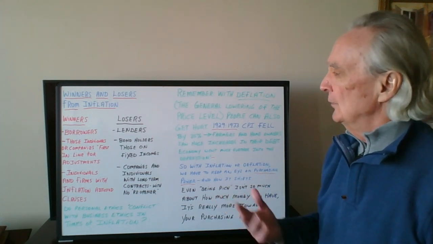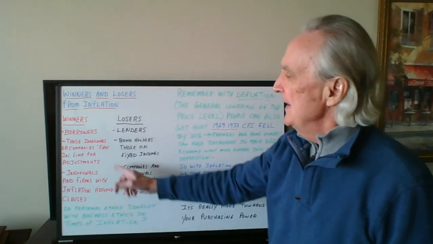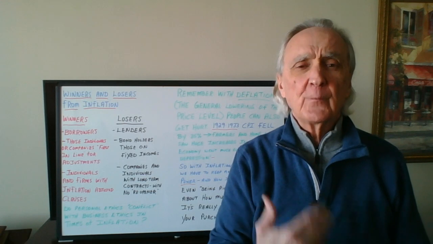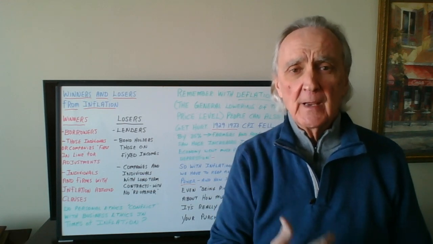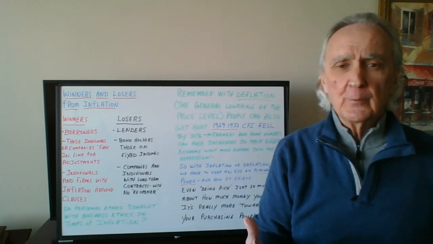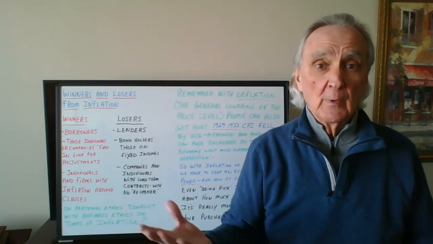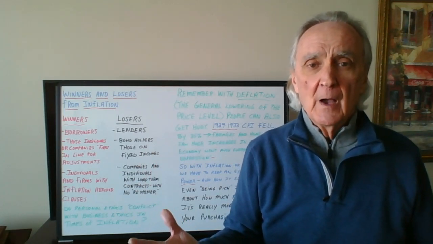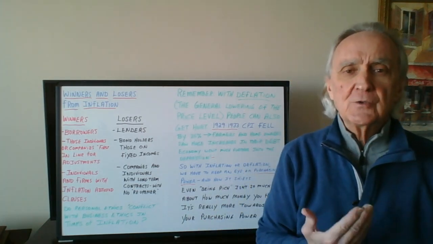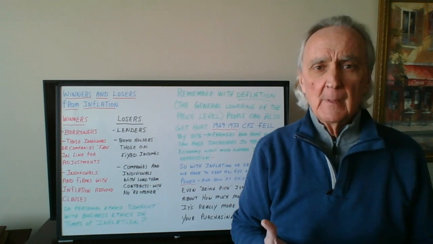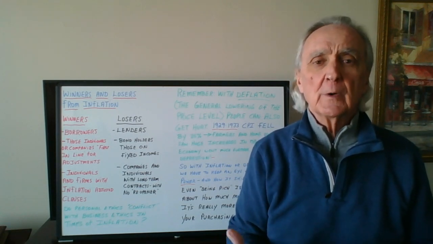Who else wins and who else loses? Well, people or companies who are first in line to get a wage or a price adjustment. So for instance, if inflation was running at close to 20% a year, but you got an adjustment early in the year, let's say in January, your wages or your prices were adjusted.